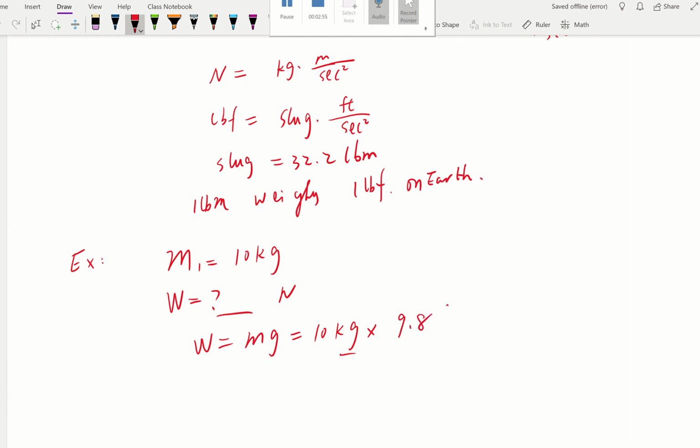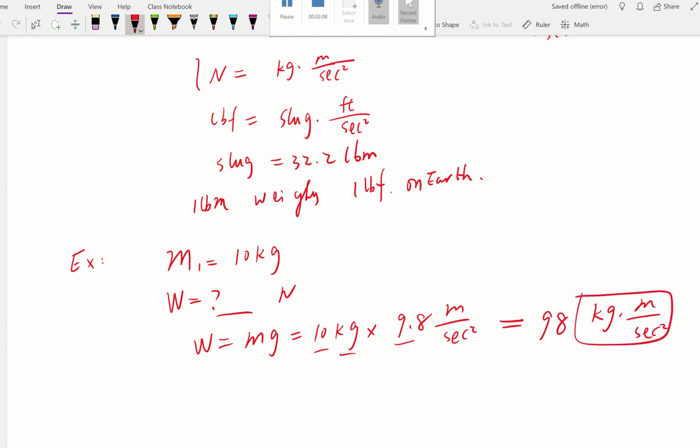So 9.8 meter per second squared. Then putting our numbers together, that's 98. The unit, kilogram meter per second squared, is our Newton. So it's 98 Newton for this problem.